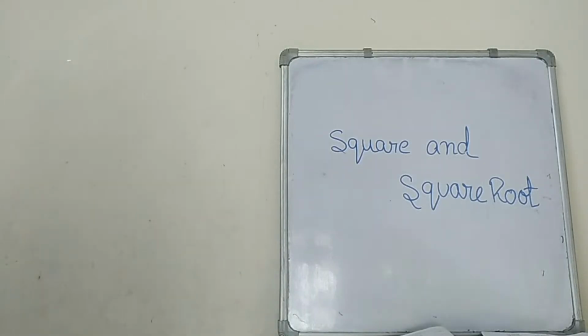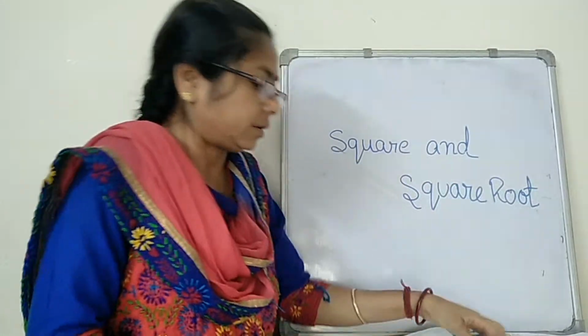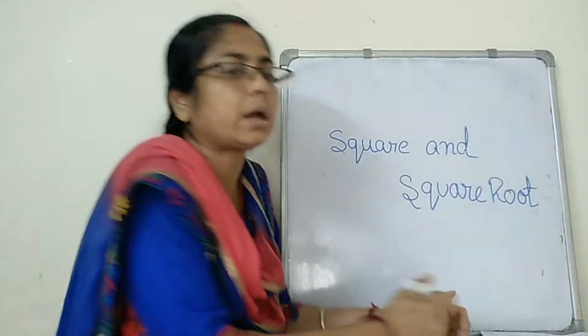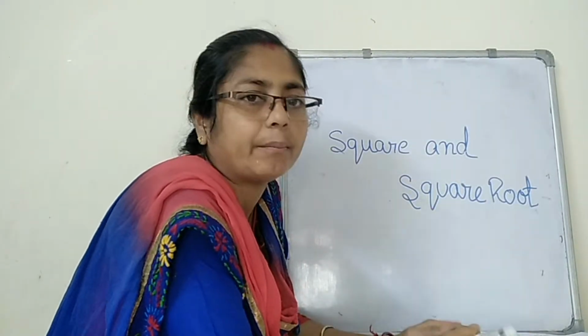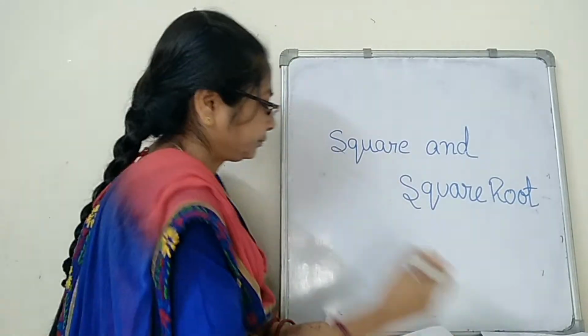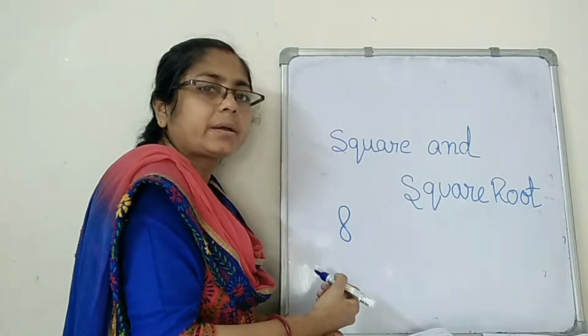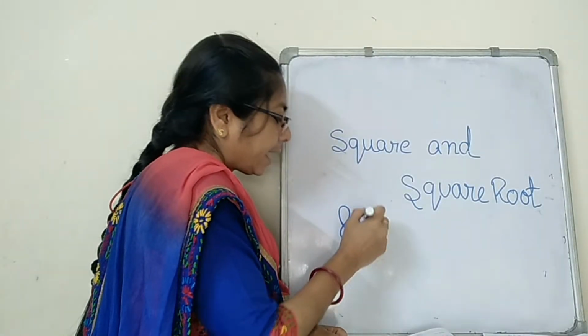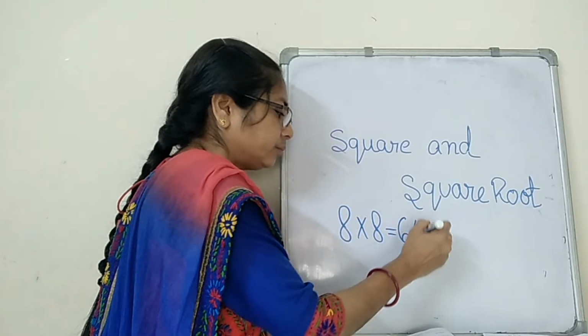First I tell what is square and square root. When I multiply a number with the same number, it is called square. Like, suppose one number is 8. Then if I multiply 8 into 8, it means 64.